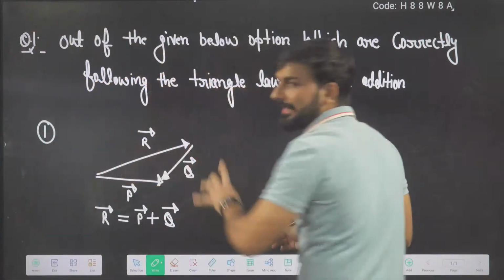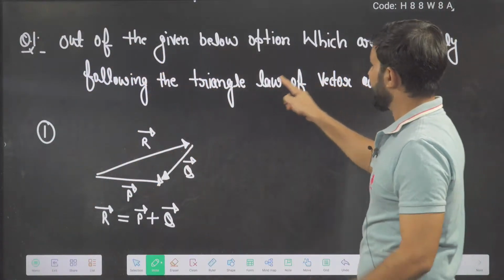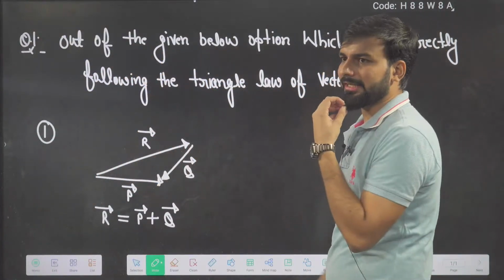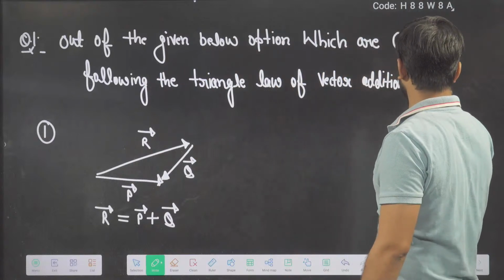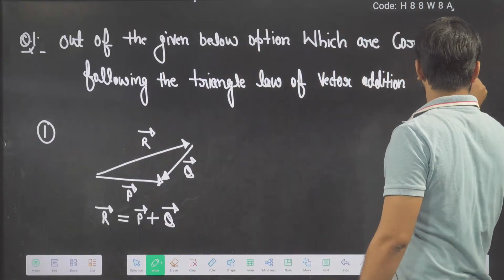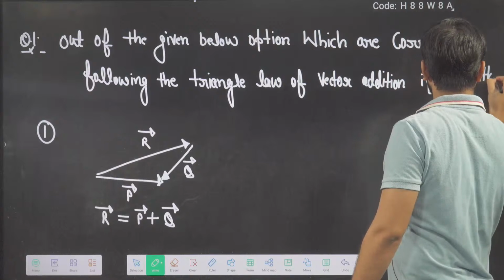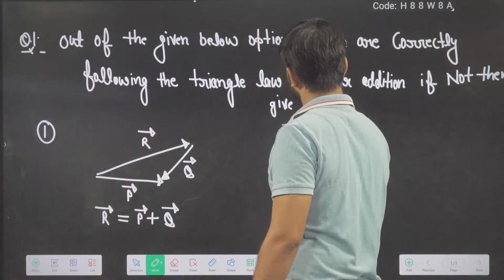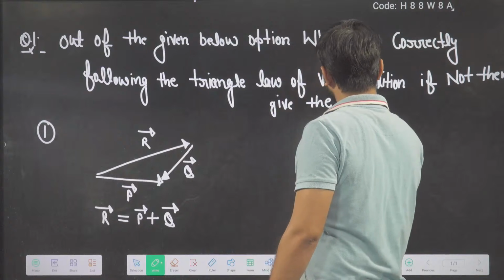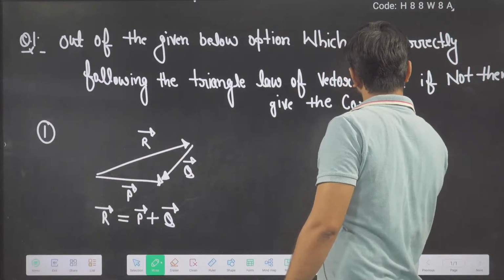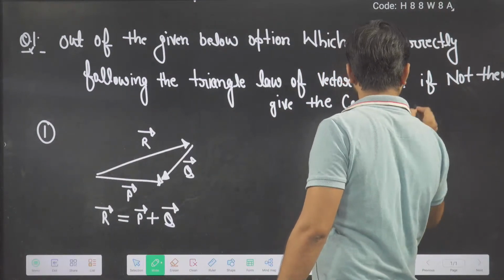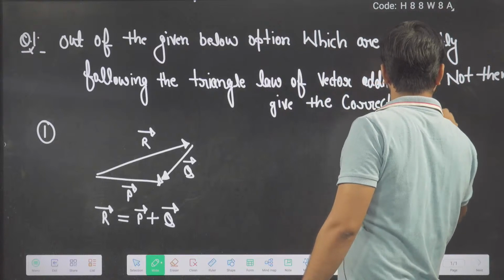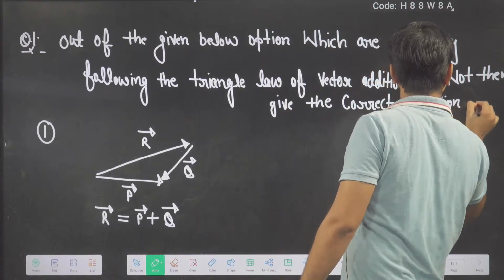And here I'm adding one more question. Out of the following, which are following the triangle law of addition? If not, then give the correct equation for the diagram.